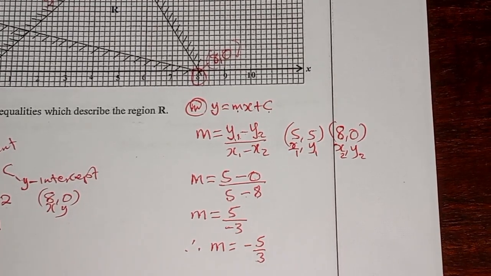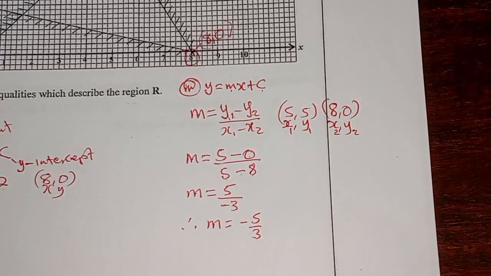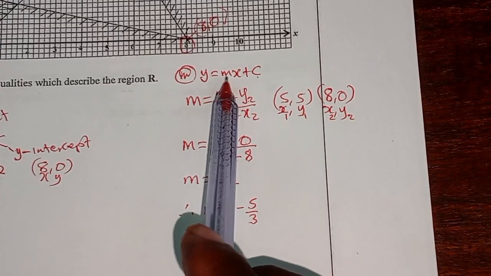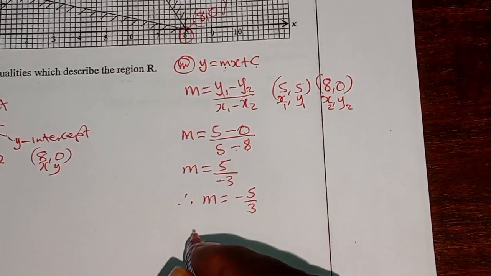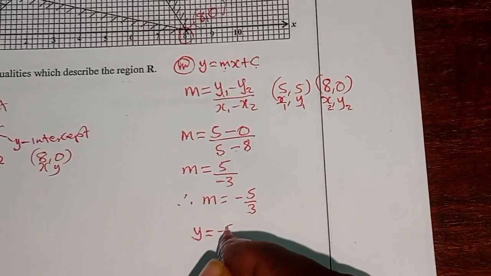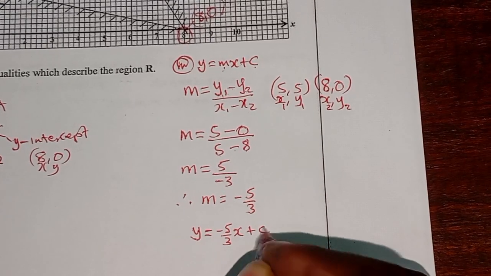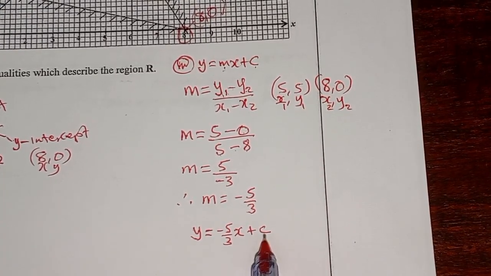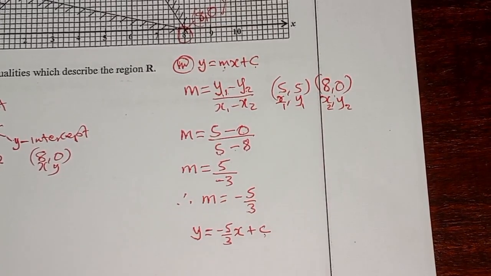So what are we doing? We want the equation of a straight line. Now I have the gradient, and I'm going to find the y-intercept. Where there is m, I'll substitute negative 5 over 3. So it's going to be y equals negative 5 over 3x plus c. For us to find the value of c, you can pick any of the two coordinates.